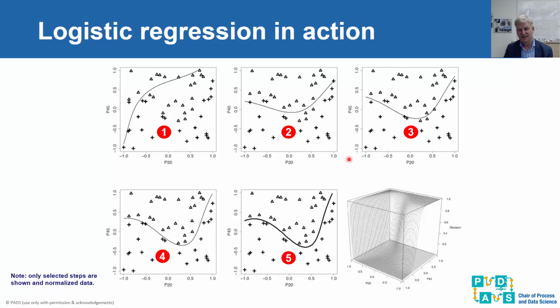And if you look at the final situation, situation 5, this line is much better separating the data into triangles and pluses than any straight line could do. So this is basically combining the two ideas. It is fairly trivial.